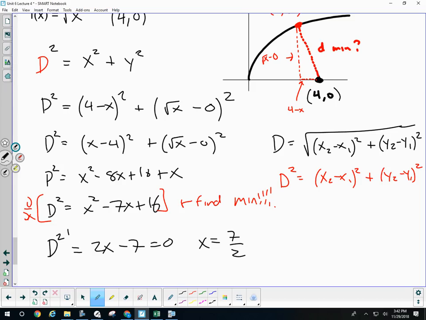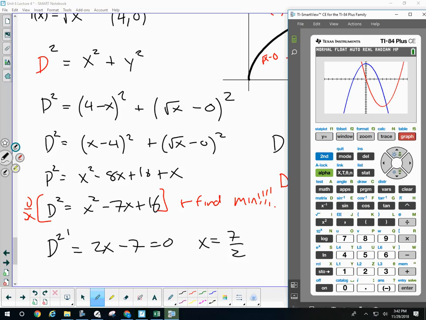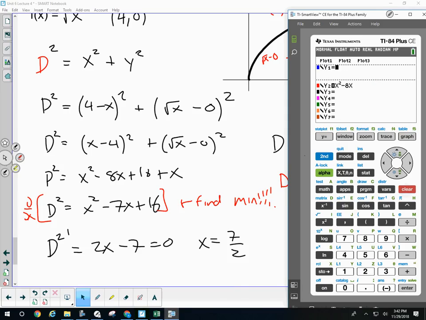So, turns out, if you're looking at the graph of the square root of x, we're going to go from 0 to 5 and from 0 to 3.